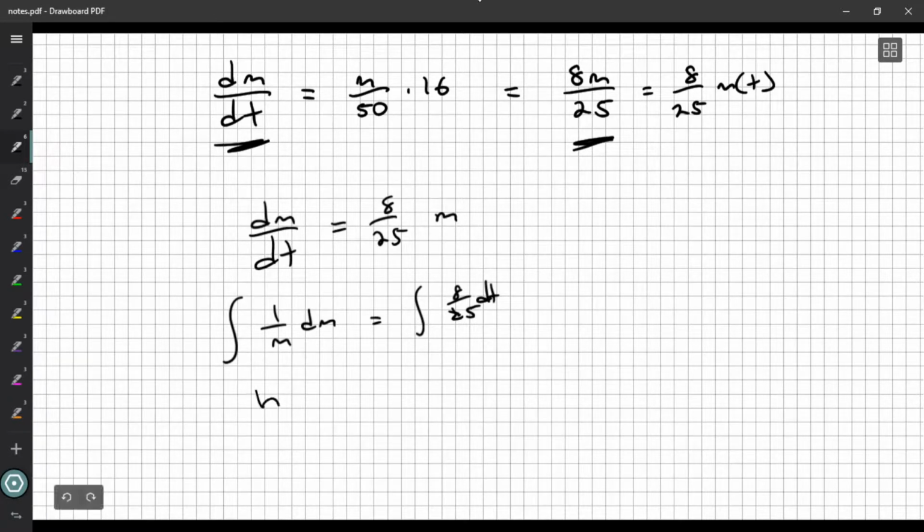So we can get ln m. If you're worried about absolute values, try and convince yourself there's no way there can be negative mass in a vat. So you wouldn't need the absolute value. It would have to be positive no matter what. But again, if you're worried about it, throw in the absolute value bars and see where that gets you. We'll get minus 8/25 t plus some constant. Raise both sides to the power e.